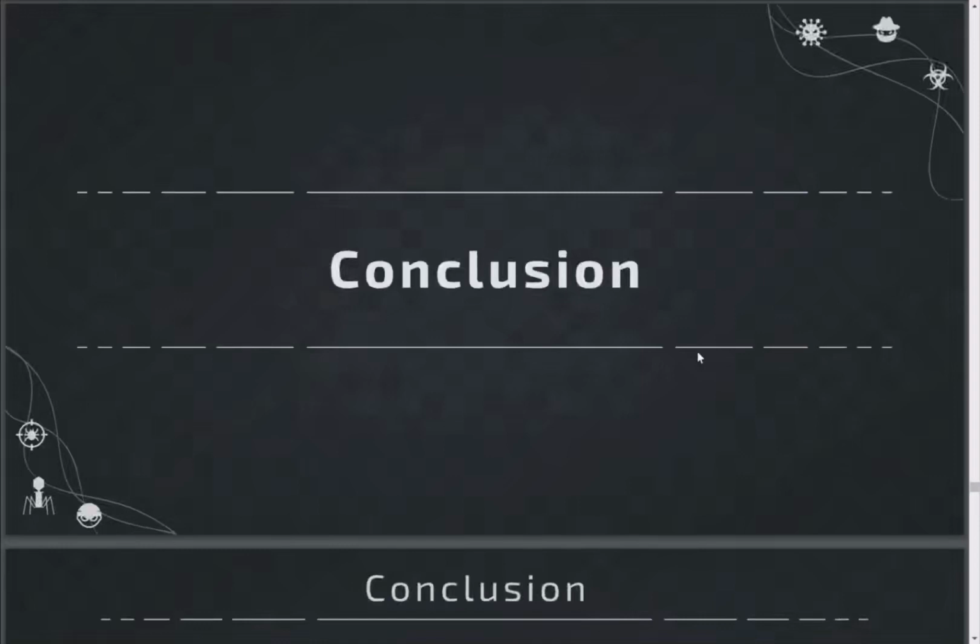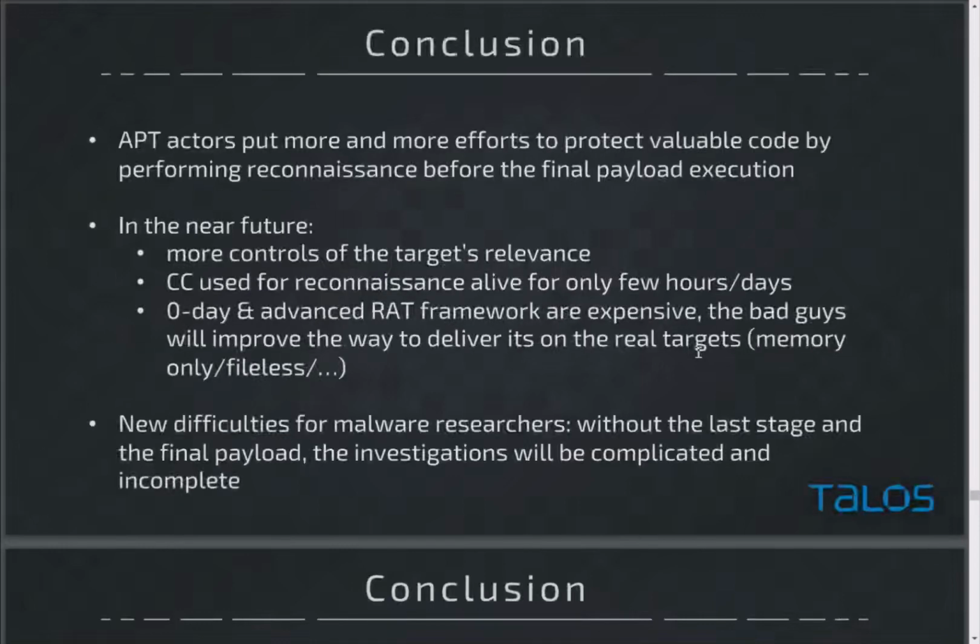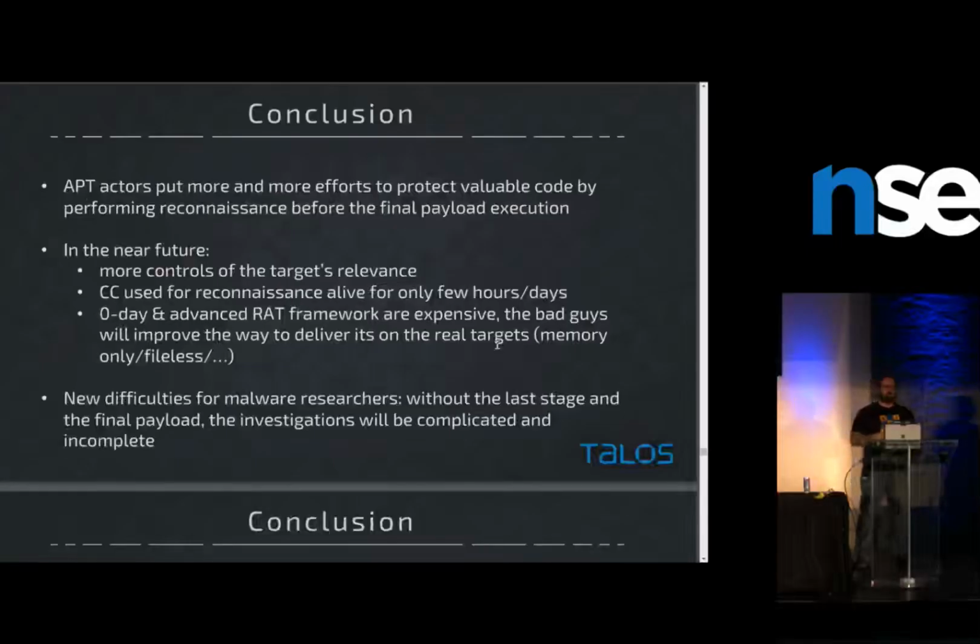So the conclusion for me is the actor might put a lot of effort into protecting the valuable code, and something interesting is that generally, if the actors already compromised your company, they know your network better than you. They know your IP range. They know your domain. They know the pattern of your usernames. They know the pattern of the host names.